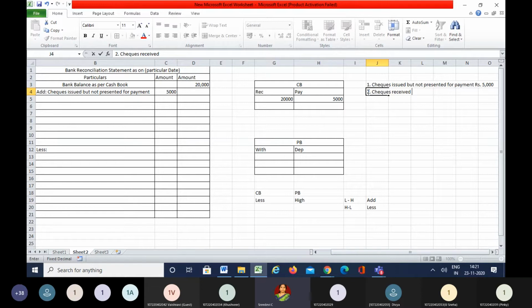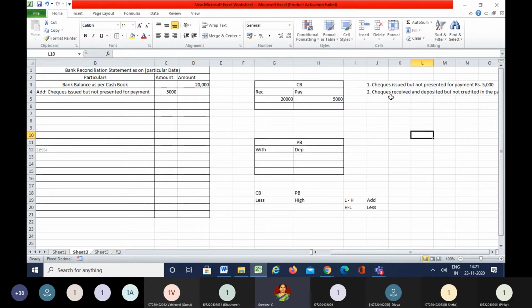So checks have been received and deposited. I'm changing the sentence here: checks received and deposited, but not credited in the passbook, rupees 10,000.